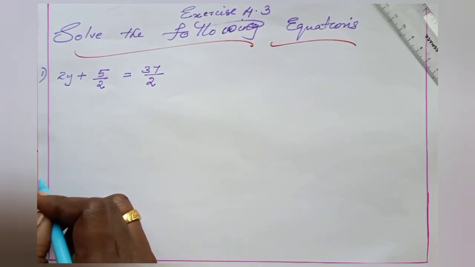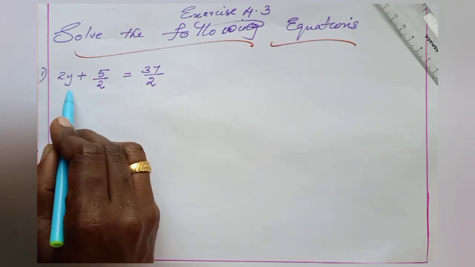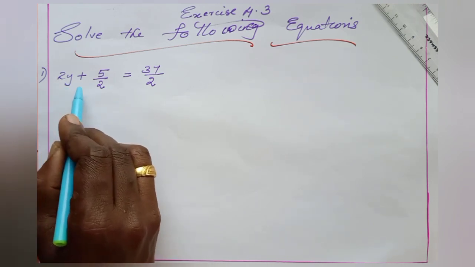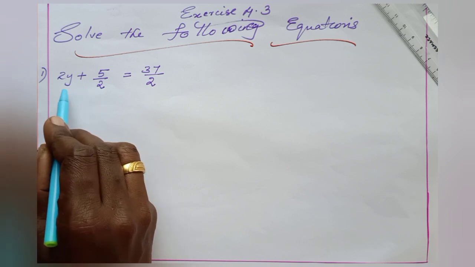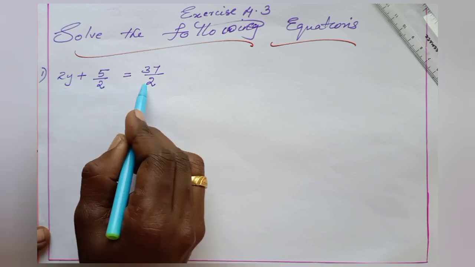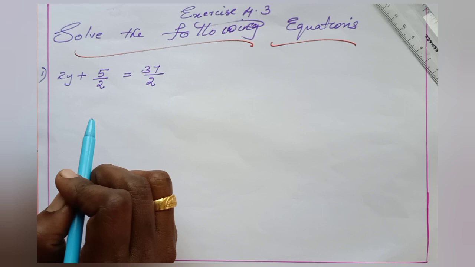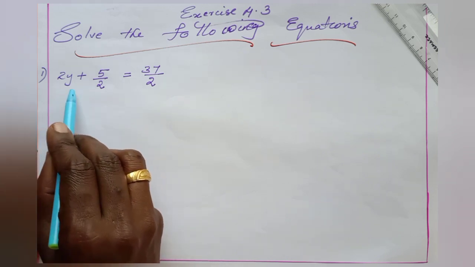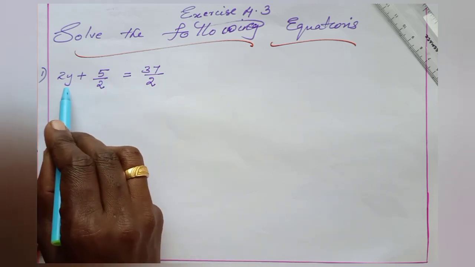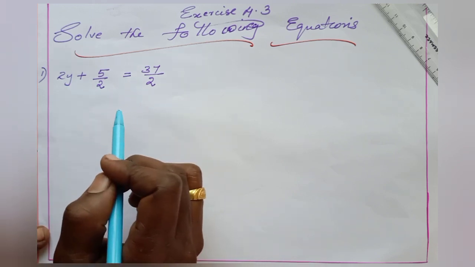Then we want to find out the solution. That means solve the following equation means to find the solution of this equation. So the solution of the equation is the value of the variable y satisfying this equation.